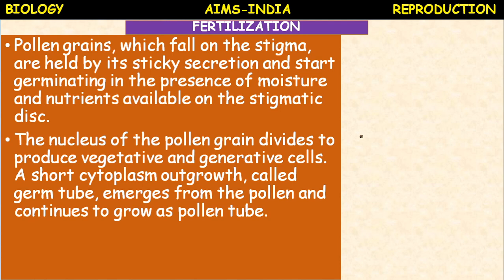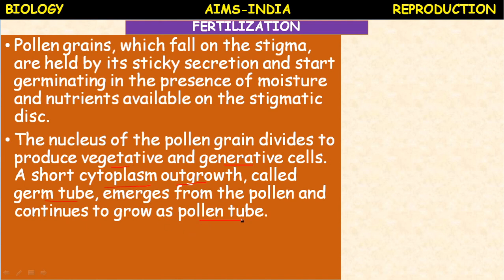The nucleus of the pollen grain divides to produce vegetative and generative cells. A short cytoplasmic outgrowth called the germ tube emerges from the pollen and continues to grow as a pollen tube.